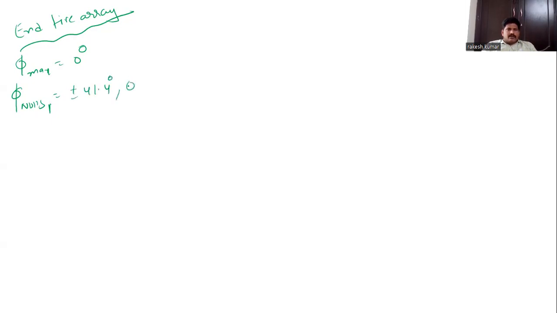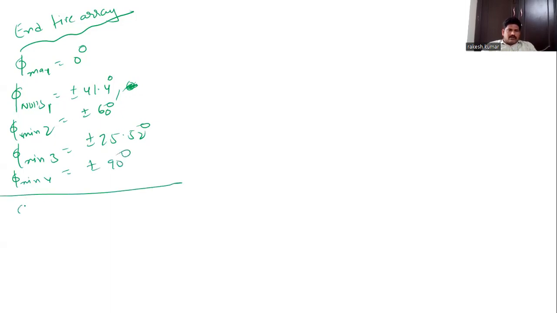And phi null 2, or phi minimum 2, you are getting it plus or minus 60 degrees. Phi minimum 3, we are getting it plus or minus 75.52. Phi minimum 4, we are getting it plus or minus 90.